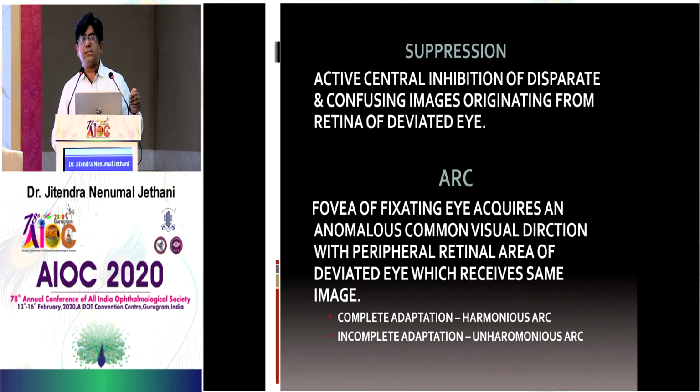Harmonious ARC is the complete change in picture, which means that if the patient has a 10 prism esotropia, his location inside the eye has also gone to 10 prisms, which means the objective angle will be 0, which means that he has completely adapted to that particular angle. When he is in between, it is unharmonious ARC.